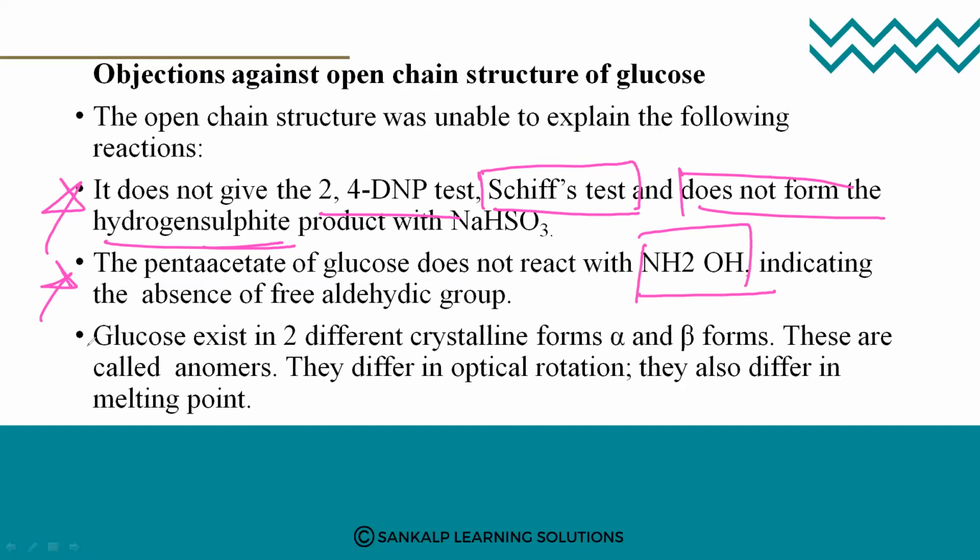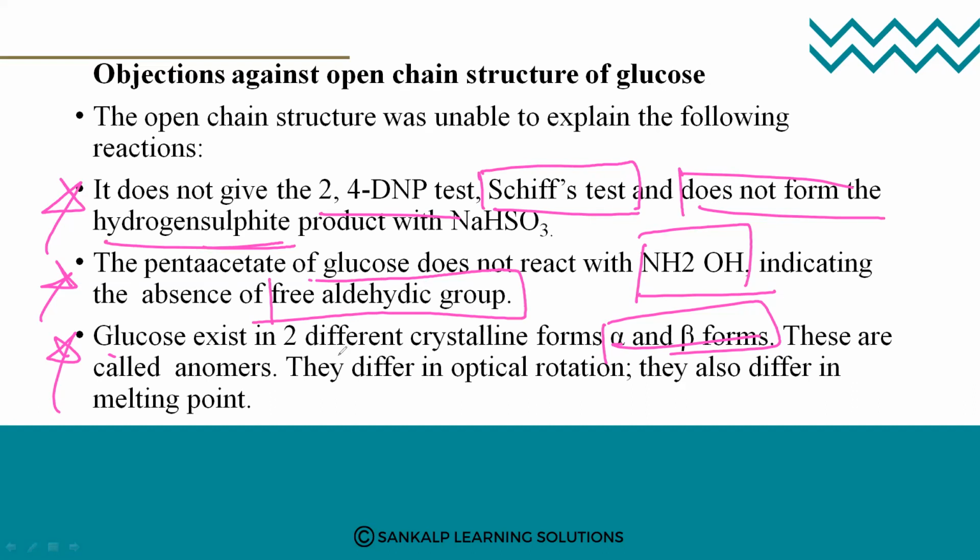Then the next observation was that glucose could exist in two crystalline forms, that is alpha and beta forms. When the pentaacetate of glucose was reacted with hydroxylamine, it could not give the reaction, which confirmed that the aldehyde group present is not free.